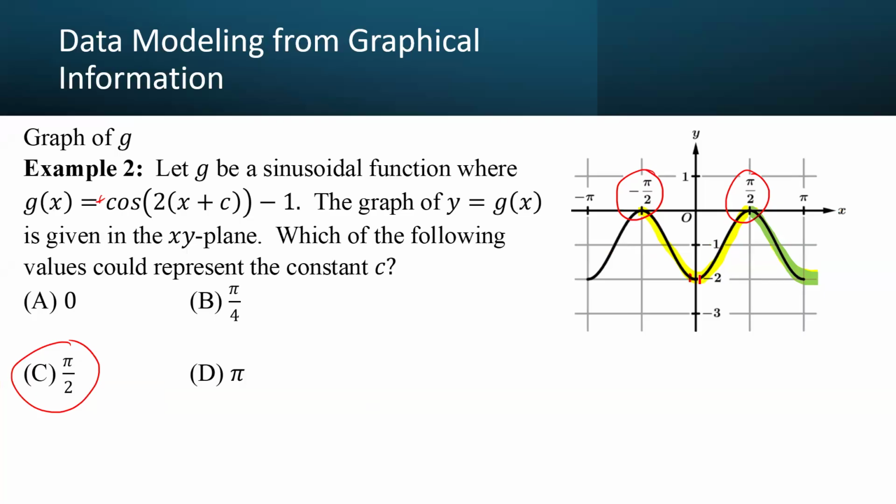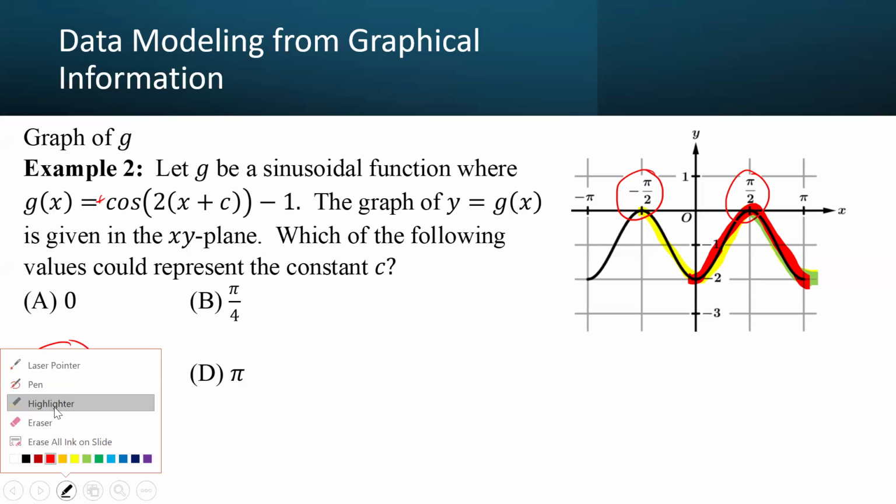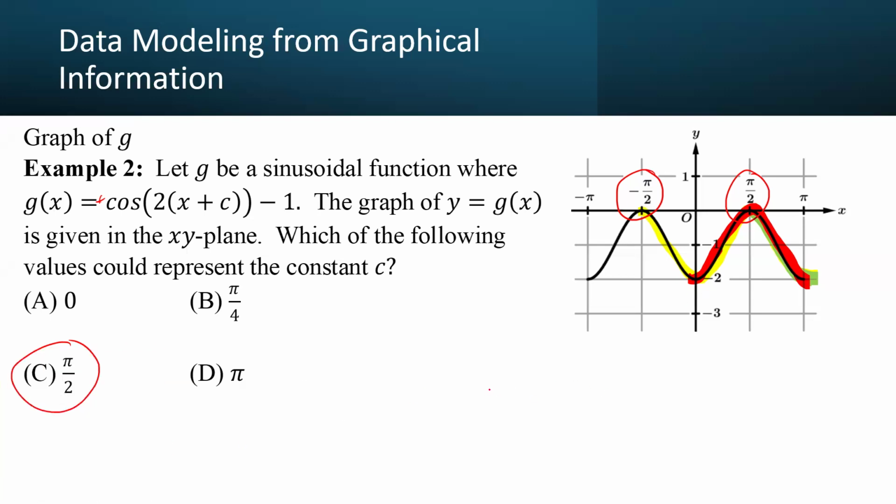So if it was a negative cosine, my phase shift would be 0 because the pattern starts at 0. So it would be written as, I'm going to call it f of x, f of x equals negative cosine of 2x minus 1. Because I'm starting at 0, and there's no reason to write plus or minus 0.